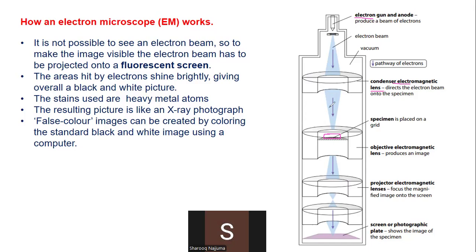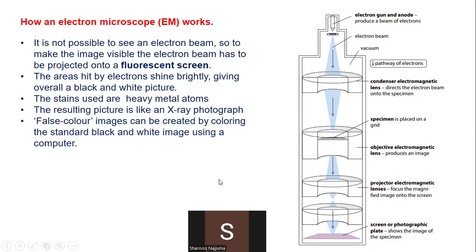Now, some important features to note about an electron microscope is the fact that these electrons have to be moving in a vacuum. So a vacuum is needed. Why is it that a vacuum is needed?